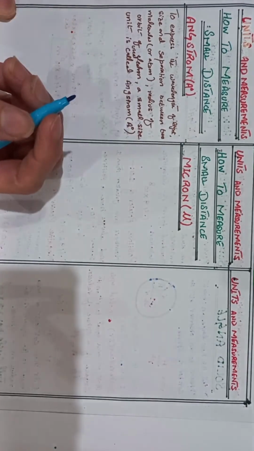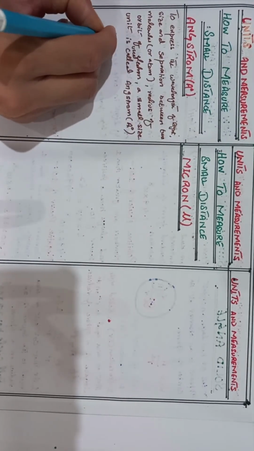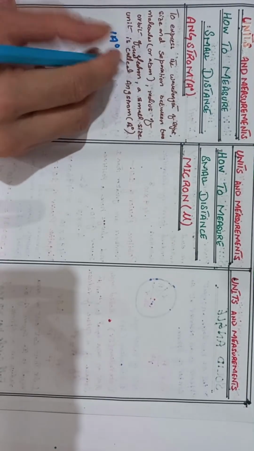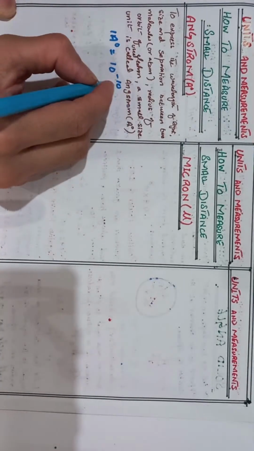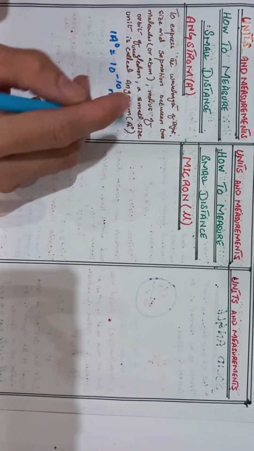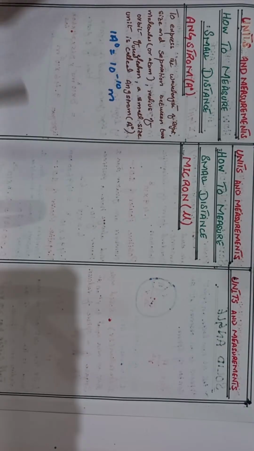Now discuss the value of the angstrom. 1 angstrom is equal to 10 to the power minus 10 meter. Nowadays angstrom is outdated. Now we use the nanometer.